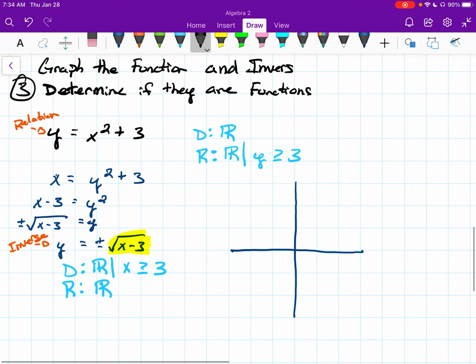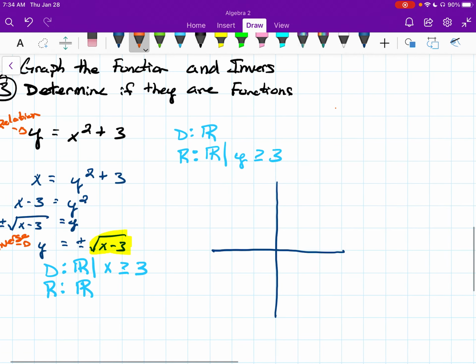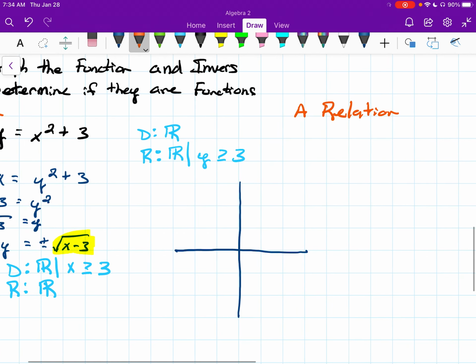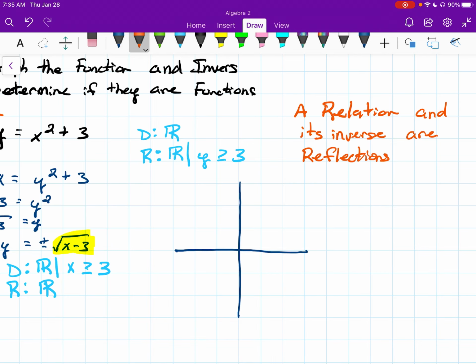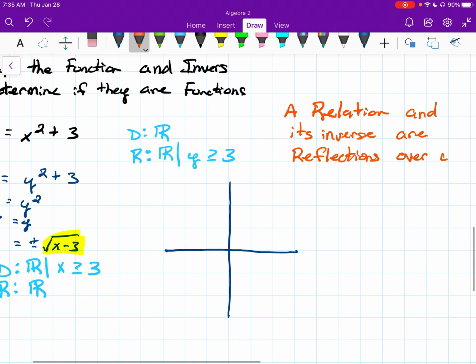Oh, and something that will help us to graph this is to know that a relation and its inverse are reflections over y equals x.